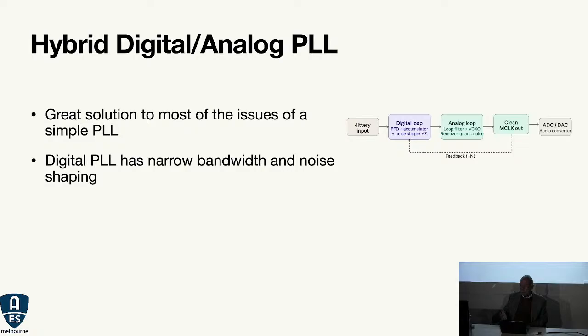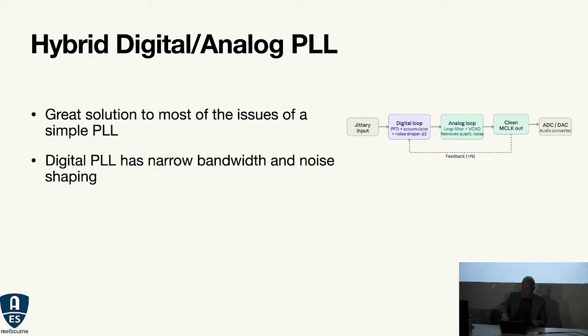But if the bandwidth is 1 or 3 hertz or 10 hertz or something like that, it's not very much noise. And it also does noise shaping, which will push any noise that is coming in up in frequency. You can push it quite high in frequency.